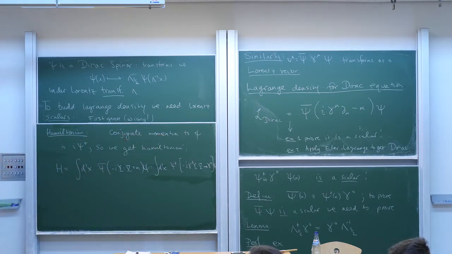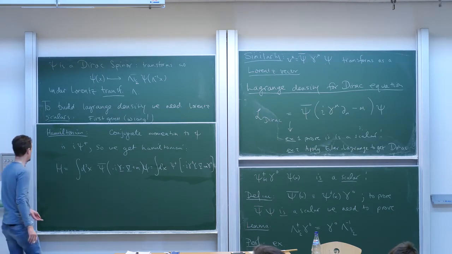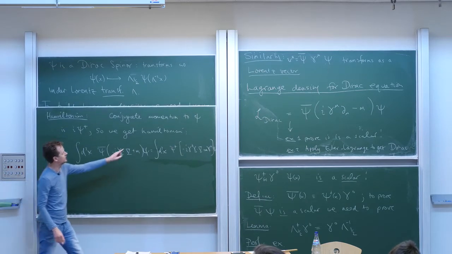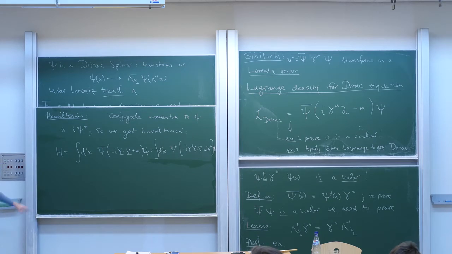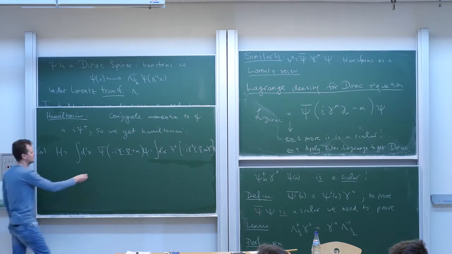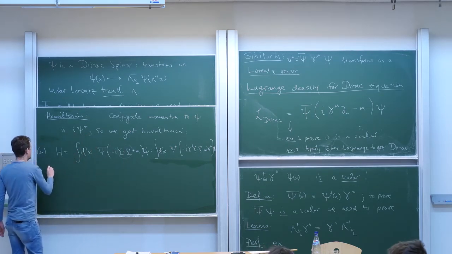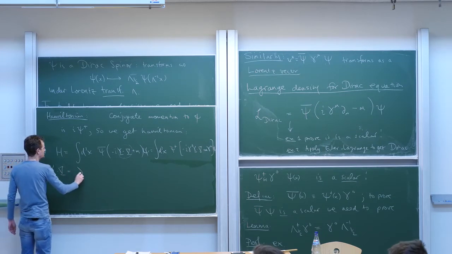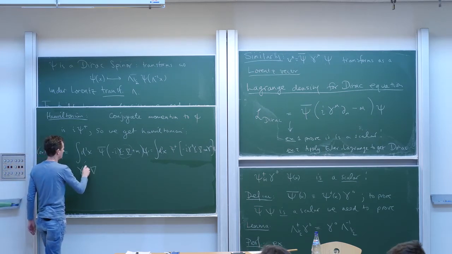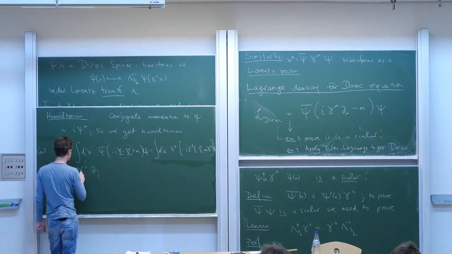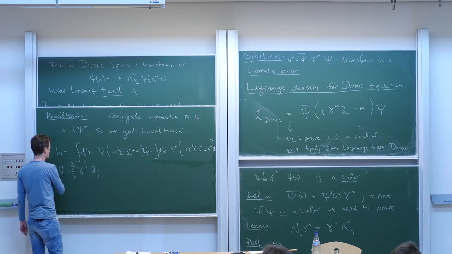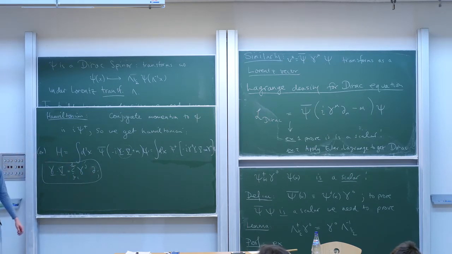So if you do the standard replacement of the time derivative of the canonical coordinate ψ with the conjugate momentum iψ†, then this is also an exercise. We end up with the following Hamiltonian here. So this notation here simply means the sum over the spatial indices. I won't do this.